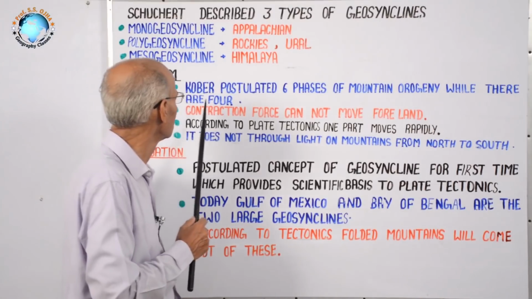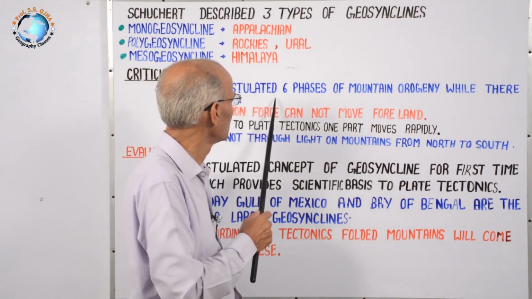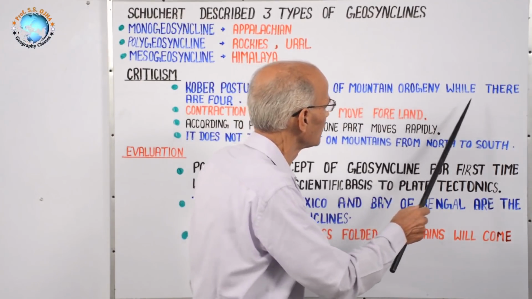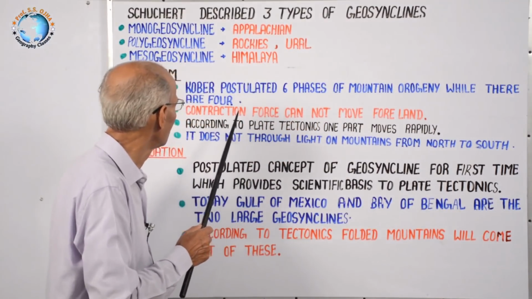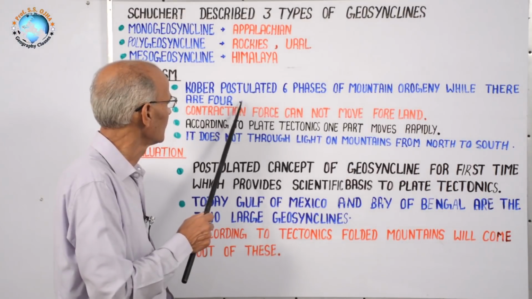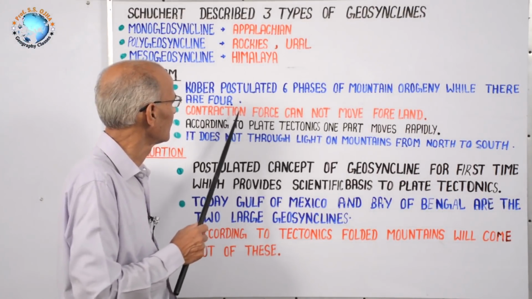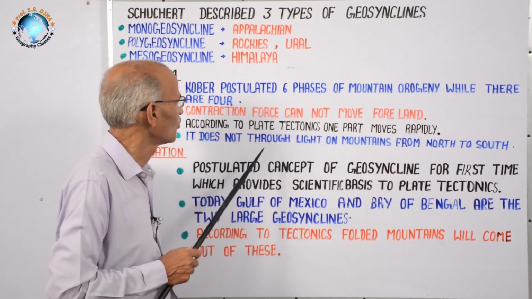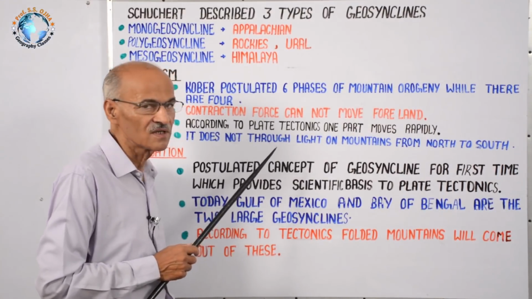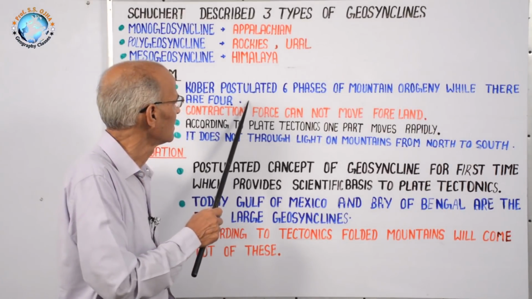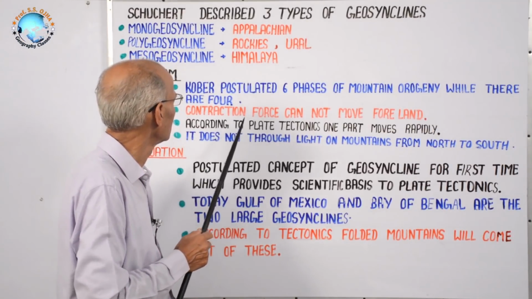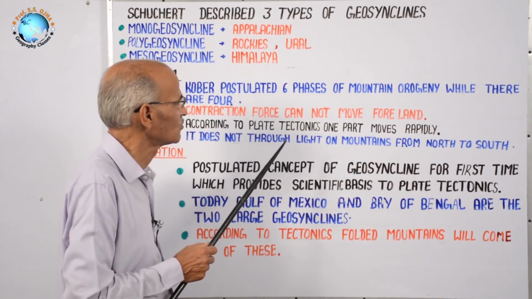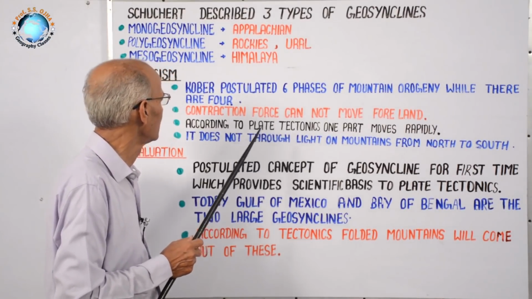So the first criticism is that KOBER postulated 6 phases of folded mountain orogeny, while there are only 4, and these 4 stages of folded mountain start from Cambrian to Holocene, which we have studied in geological history. That's why his proposition of 6 has no geological and scientific base.